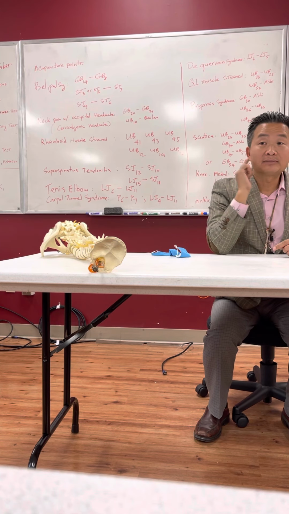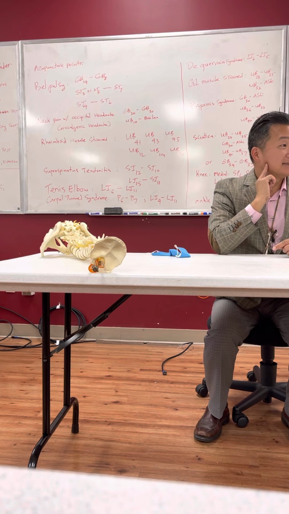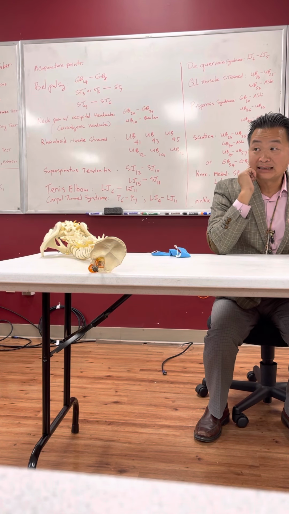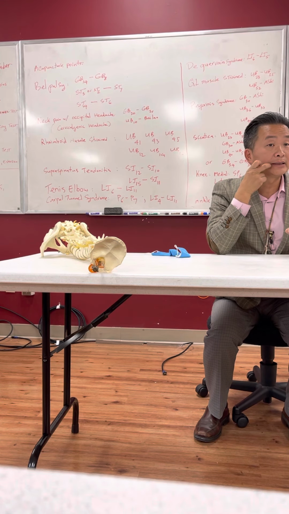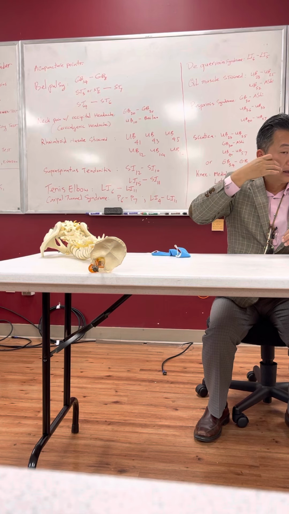If you clench your teeth and see that muscle pop up, the masseter, that's where Stomach 6 is. So Stomach 4 with Stomach 6, another channel. So three channels. I want you to needle those points and practice.